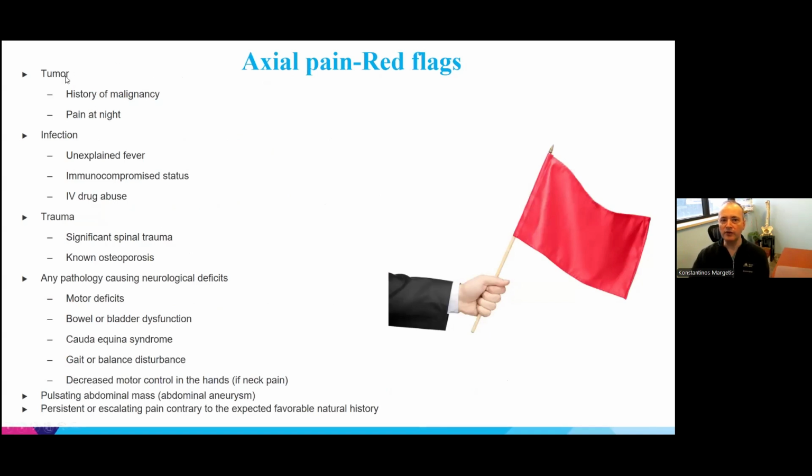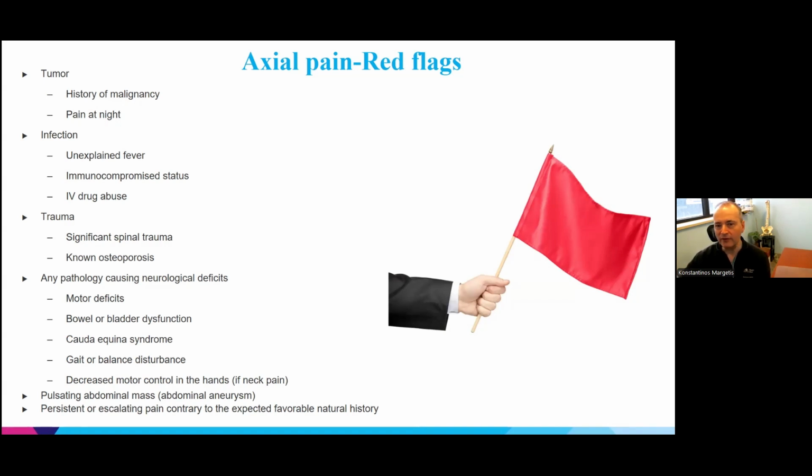So for the tumor, if the patient has a history of cancer, or if the pain is worse at night, that should make us very suspicious that there might be a recurrence of the tumor or a new tumor in the spine. The pain at night is very, very important, because usually at night the patient is not loading the spine, so you'd expect the pain to get better. But if it gets worse, then that's a red flag.